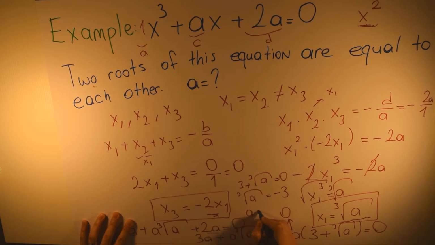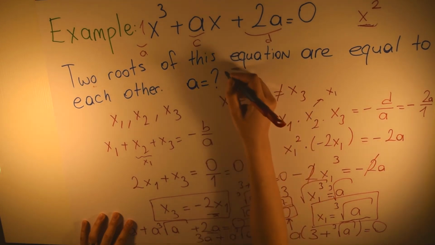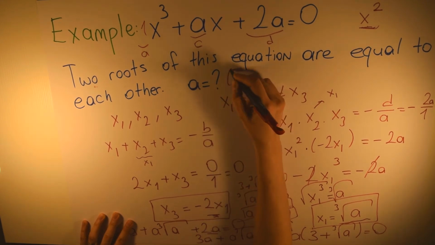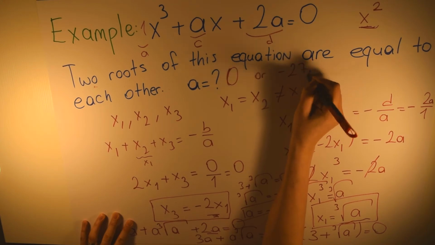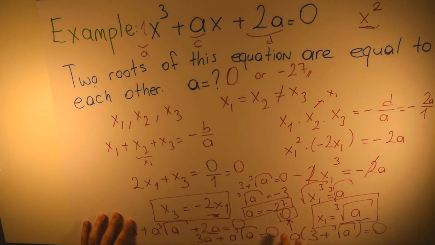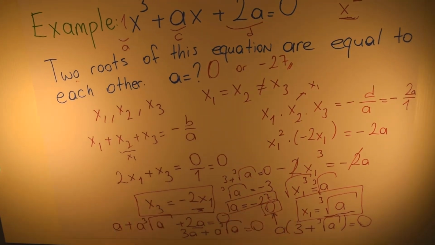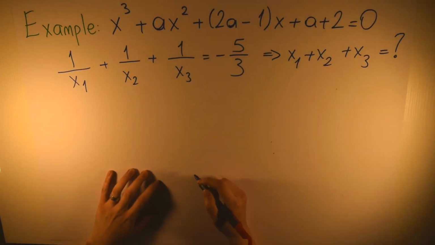So a is equal to minus 27. So these are the values for a: it's either 0 or minus 27. So this is the solution for our example. Let's continue with another example.